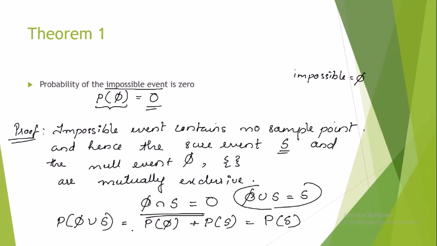Now this implies probability of phi is equal to probability of S minus probability of S, which is equal to 0. Hence we have proved the first theorem.